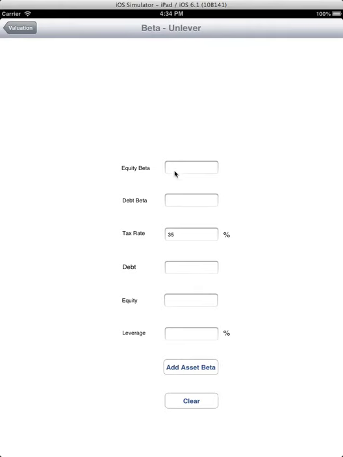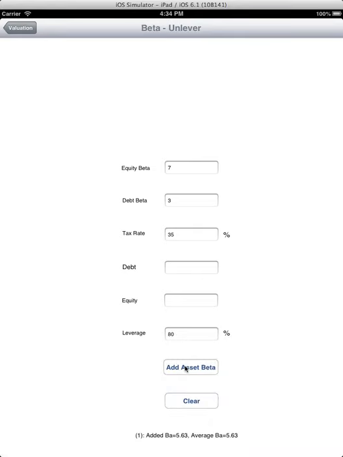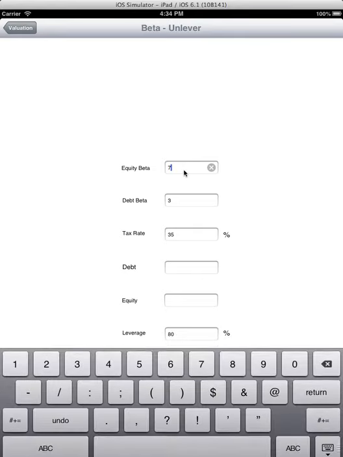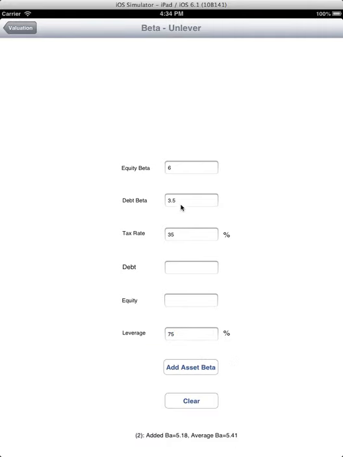Now for unlevering beta, say we have the equity beta of several companies, and the tax rate, say the default 35%. We can supply debt or equity or leverage, say 80% in this case. We are adding the asset beta. Say this is 3.5, and leverage is 75%, and we added that. So that became the asset beta.